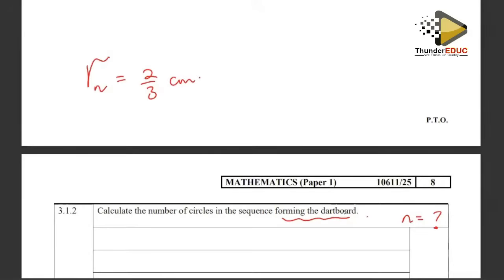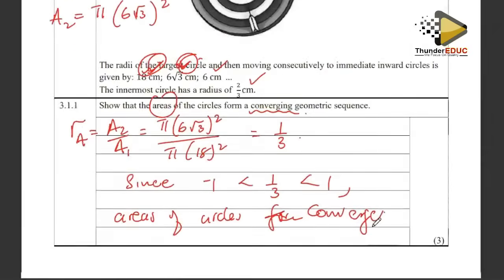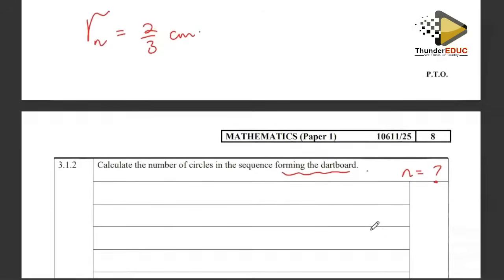So it's up to you how you want to do it. You can either look at the area part of it, or you could just focus on the radius of each one. So since I started with the area, I just want to keep the area. Meaning that the area of the last circle is going to be pi times 2/3 squared, because it's pi radius squared.